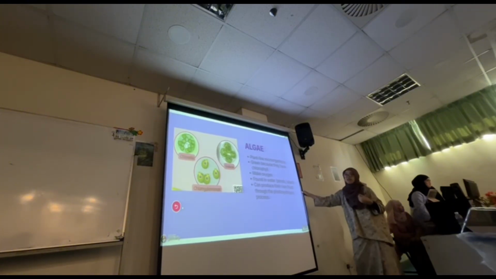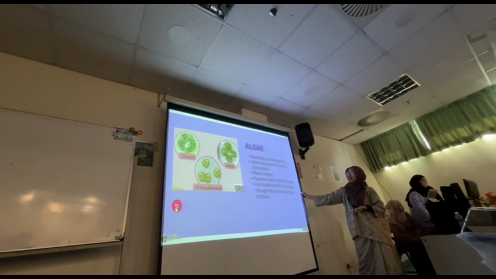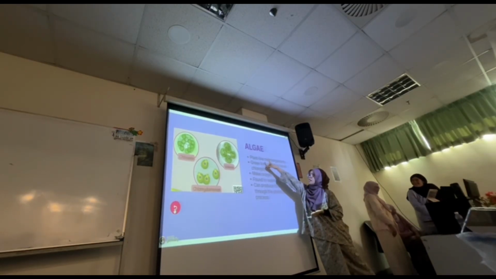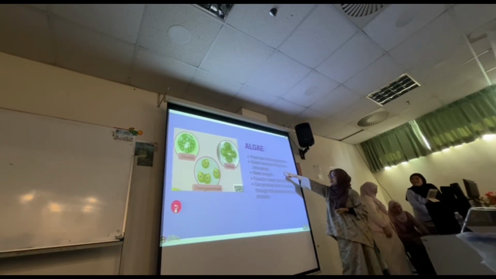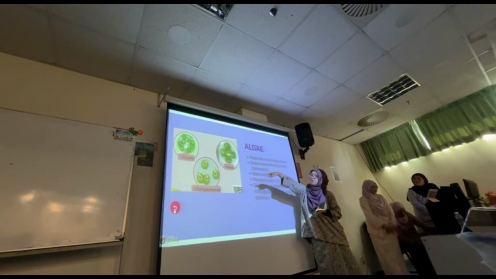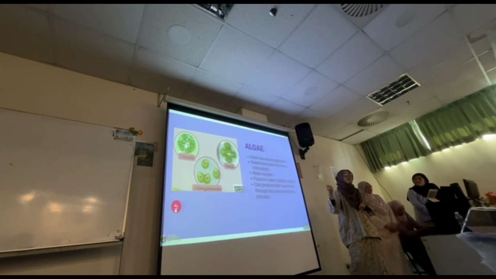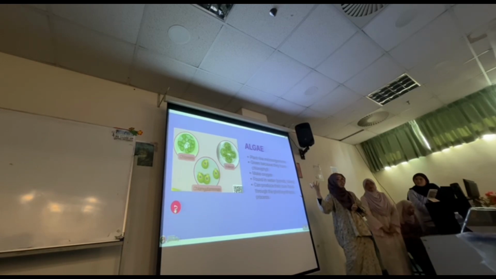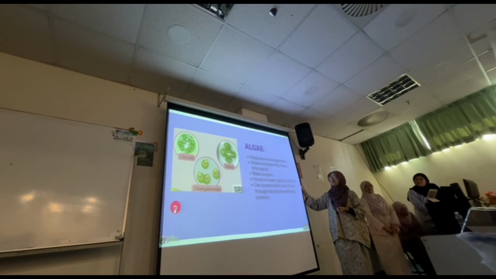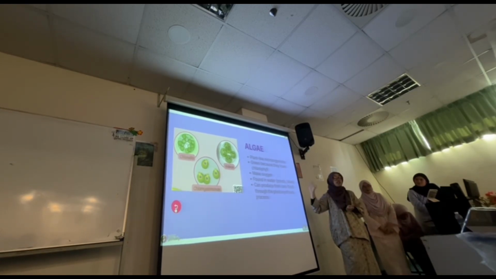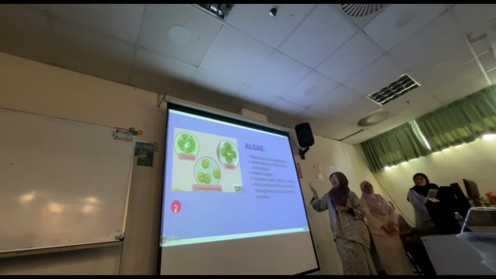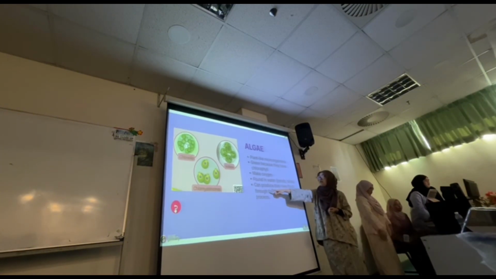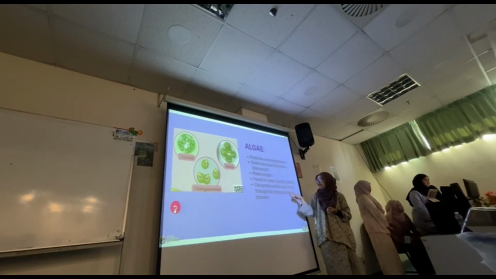alga. Okay, in Malay, alga. So the color of alga is green because they have chlorophyll, and alga is also like a plant. It can live in water, ponds, lakes, similar to protozoa, and can produce their own food through the photosynthesis process.